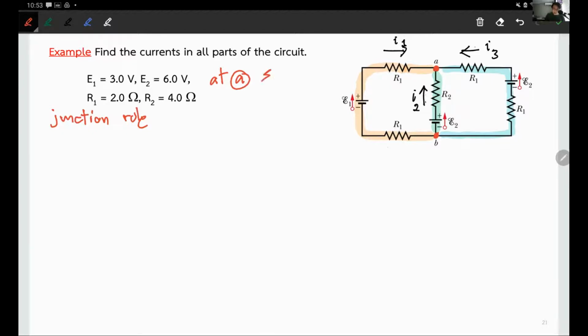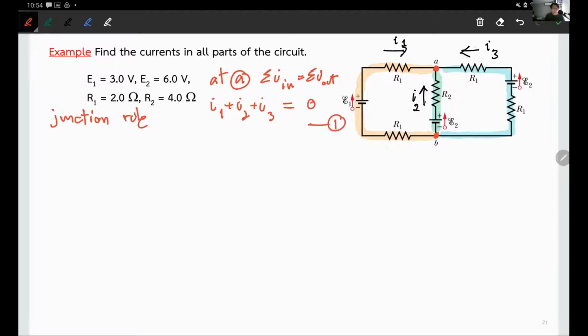So the sigma I in must be equal to sigma I out. However, because your assignment, all three currents are in, I1 plus I2 plus I3 must be all in, but no out. So out is 0. That's your equation number 1.